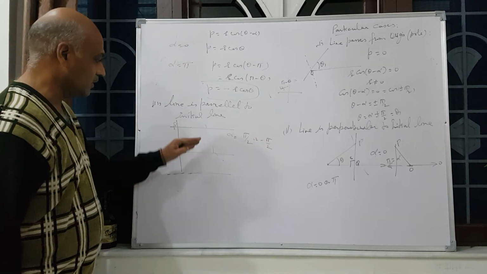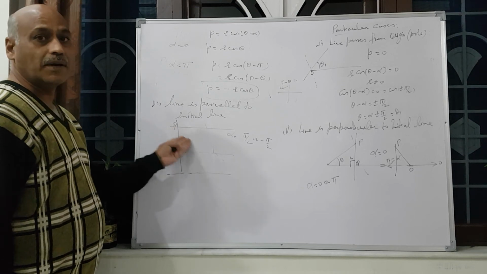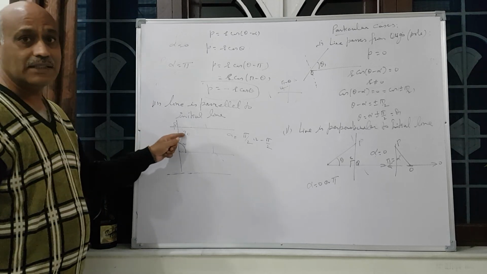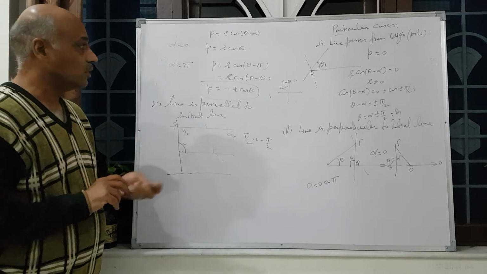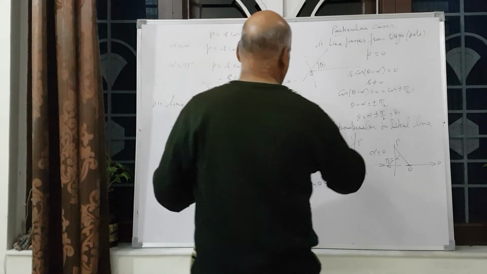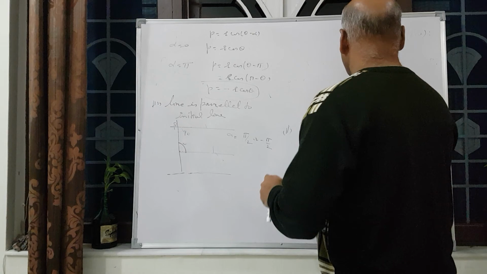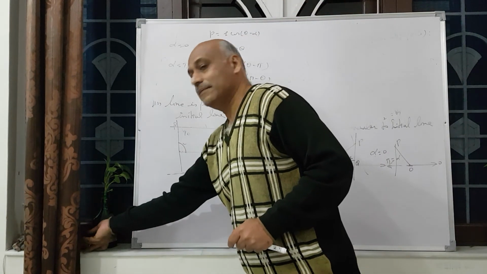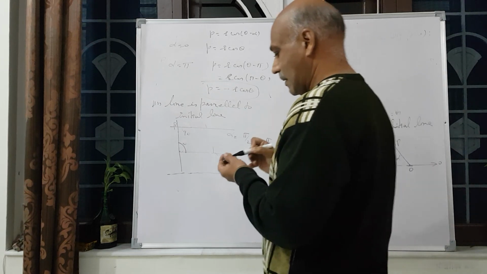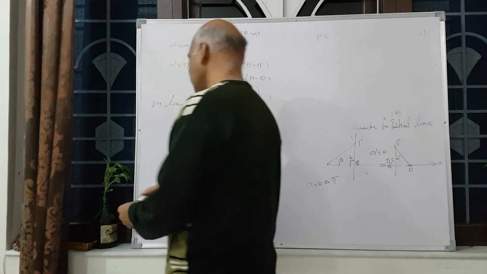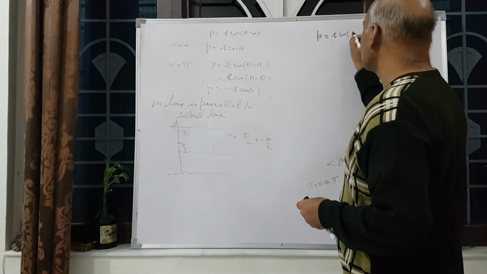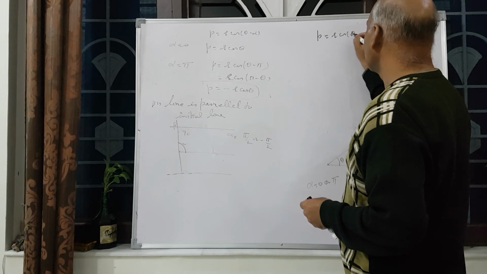If it is parallel like this one, this becomes pi by 2. Because this is 90 degrees, q makes a 90 degree angle with the initial line. So what is the value of the line? p is equal to r cos(theta minus alpha).